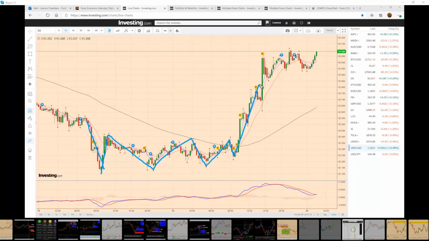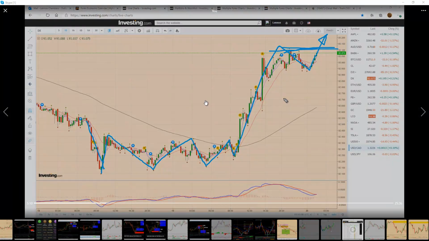Up to this level, down, and now you can see our structure. We should be heading up one more time, breaking this level, and then we'll be looking for a top. But right now, strength in the US dollar going into the London Open session tonight.